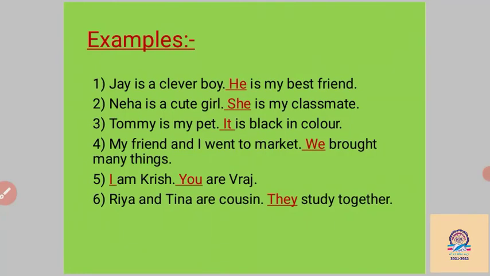Then we see the example given here: Joy is a clever boy. Here Joy is masculine gender and we are talking about one singular noun. So for Joy we can use he. And if we want to talk about Joy a second time and avoid repeating Joy, we use the pronoun the second time.